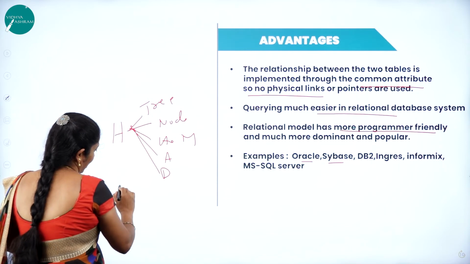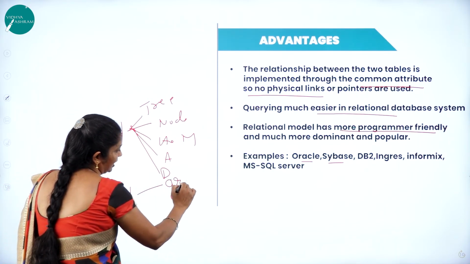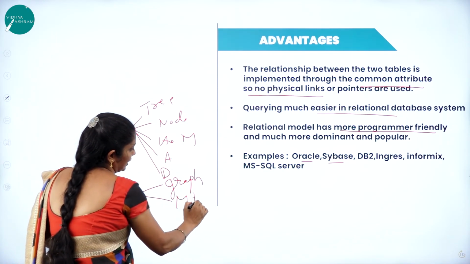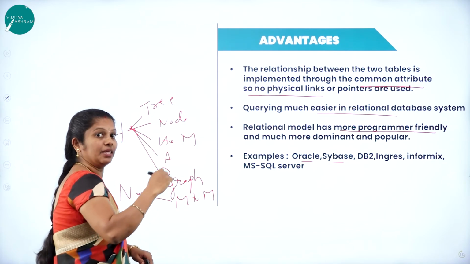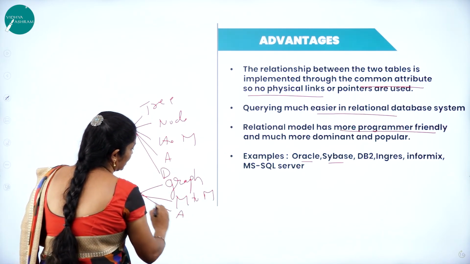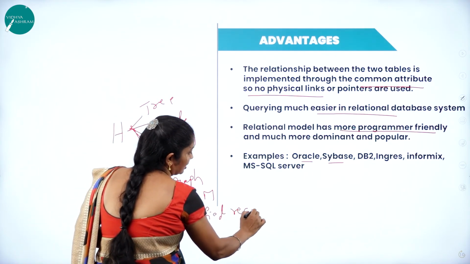In the same way, in the network model, the data is represented in graph format. There also we have one-to-many, many-to-many, or one-to-one relations, advantages, disadvantages, fields, records, everything is there.